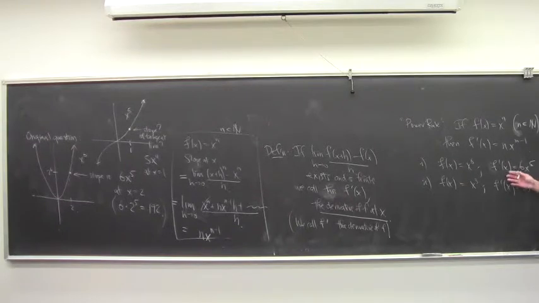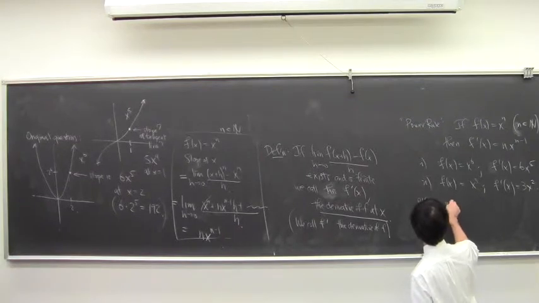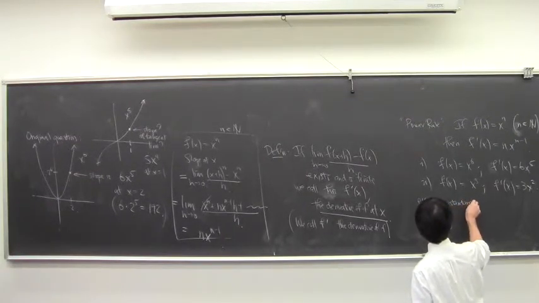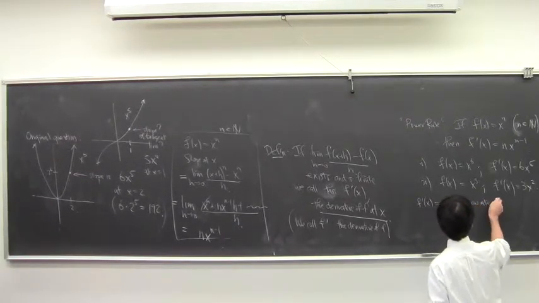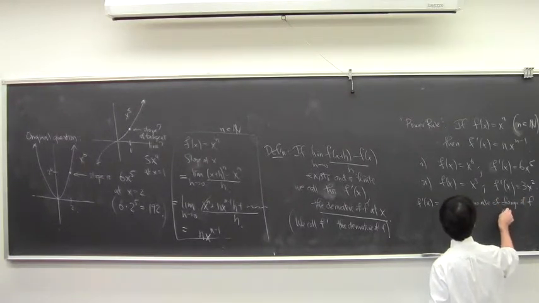And these guys have various interpretations. You can think of f prime x as the instantaneous rate of change of f at x.